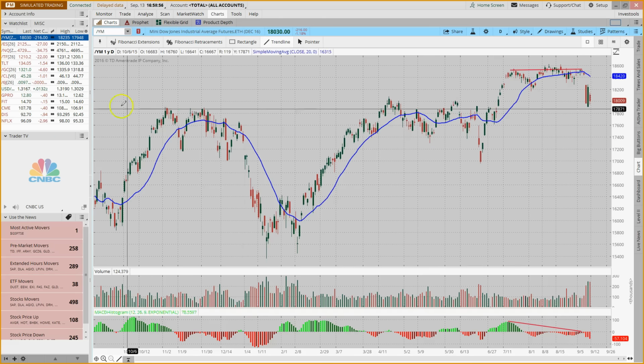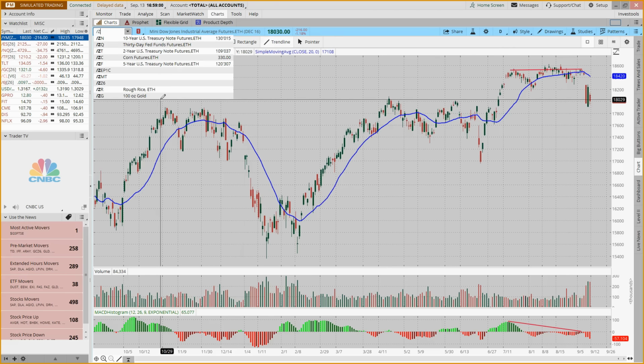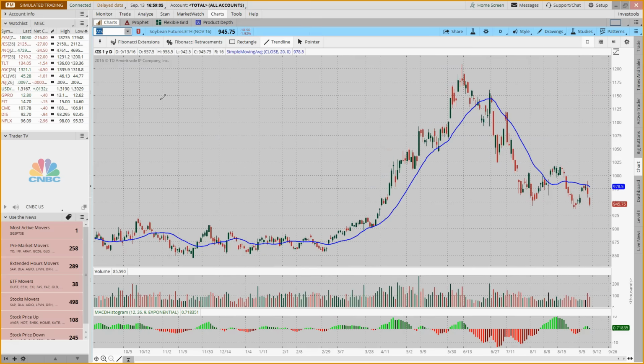And I want to show you an example from a little while ago here. Soybeans is what I'm trying to say. Soybean futures. Remember this meteoric rise here? Everyone was so excited about this, and look how quickly it failed here. Well, let's again have a look at the run on soybeans.